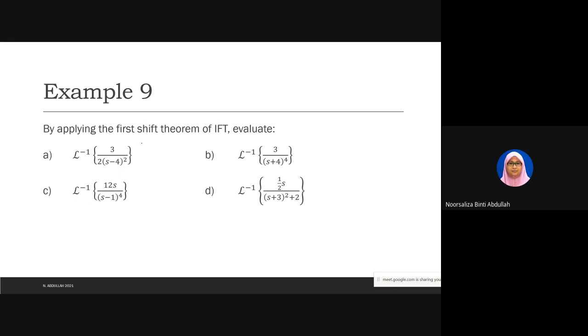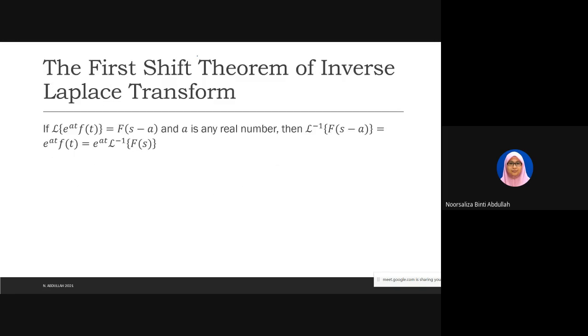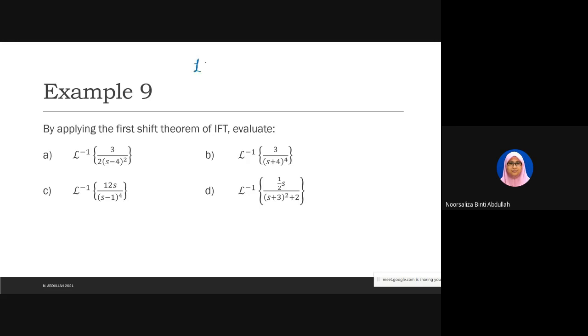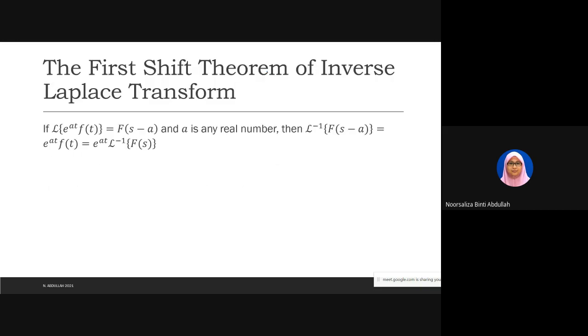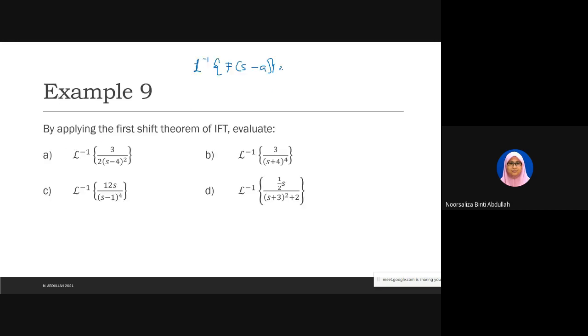We know that for the inverse first shift theorem, you have F(s minus a) equals to this one: exponent at times f(t), or exponent at times the inverse Laplace of F(s). So what would be your a?